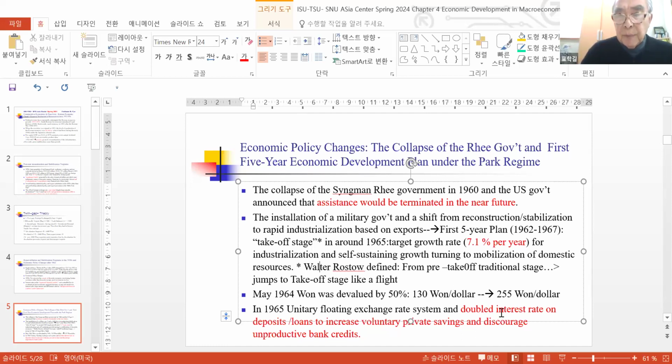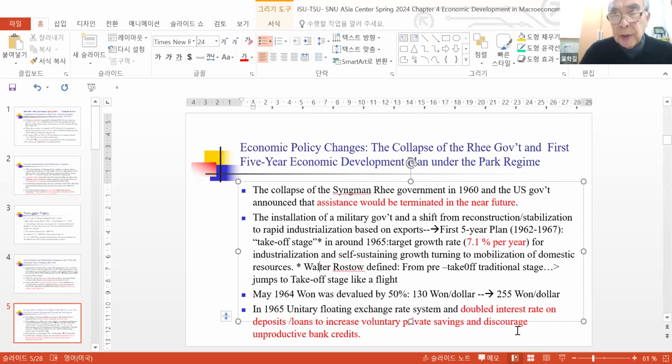At the same time, doubled interest rate on deposit loans to increase voluntary savings. In other words, it avoided the low interest rate policy that made a gap between the official organized market and the unofficial, unorganized market.